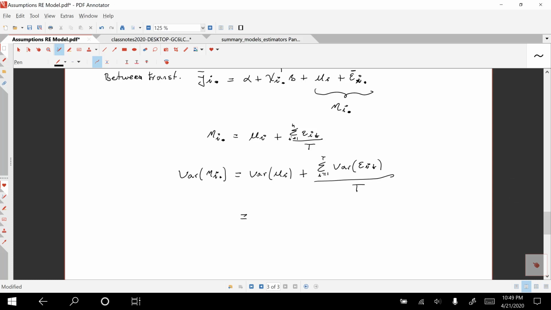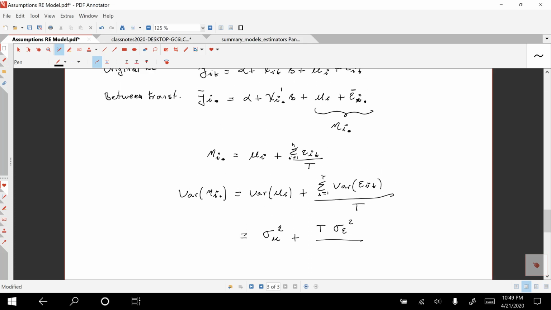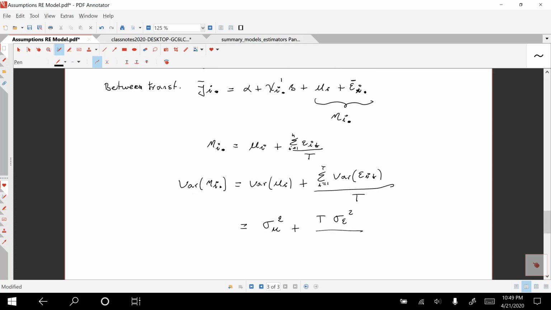So once we have that, the variance of eta_i dot is going to be equal to the theoretical value sigma mu squared, plus, since these are all constants, the variance of the errors, sigma epsilon squared. Okay. So here's something, let me think about it.